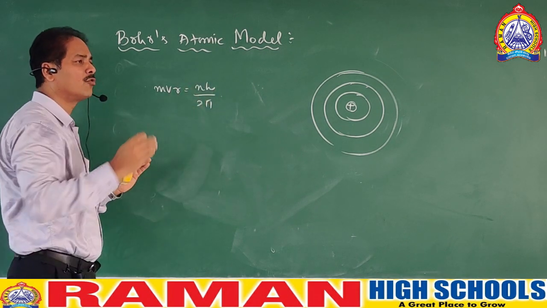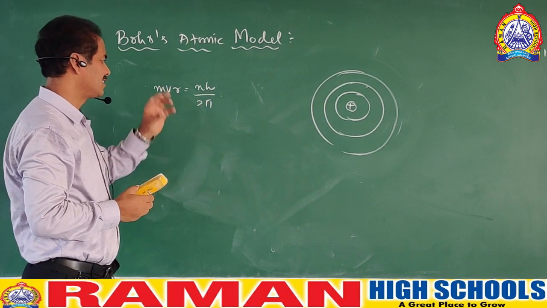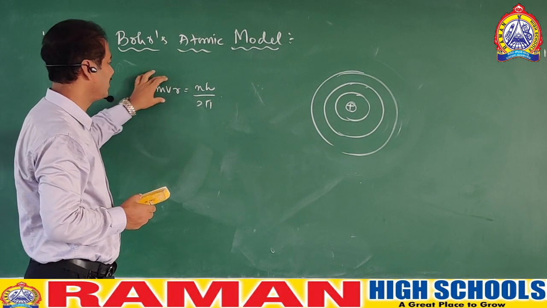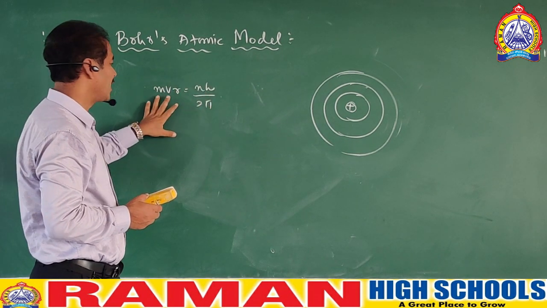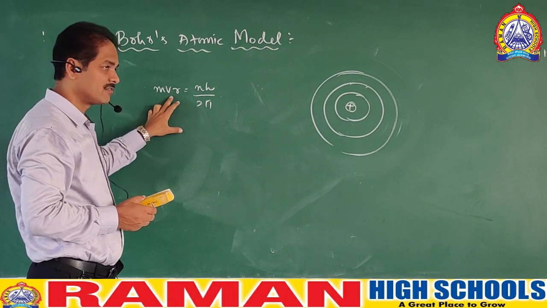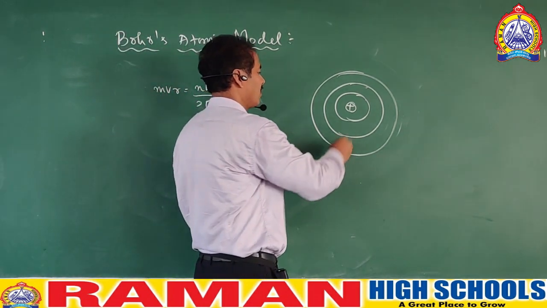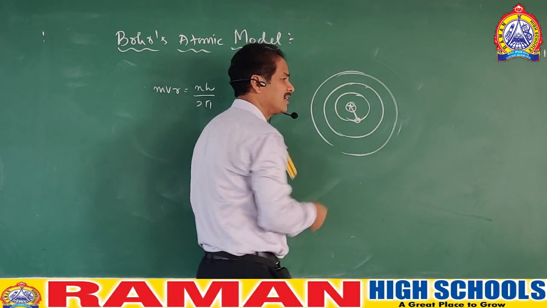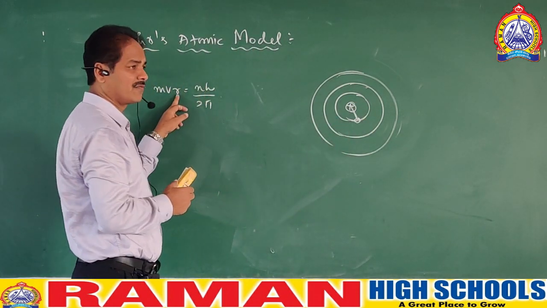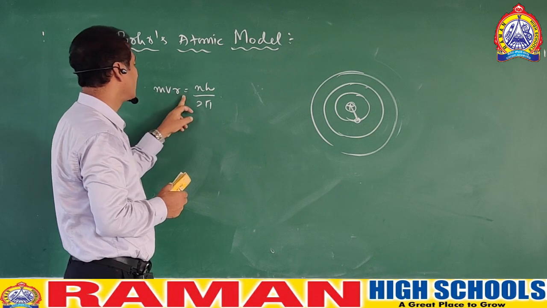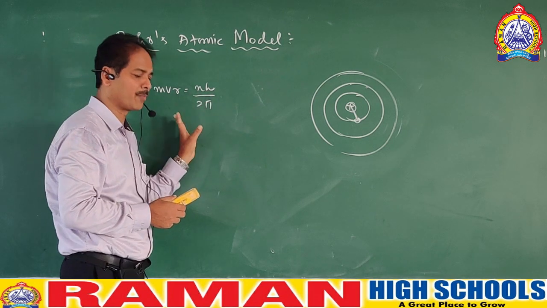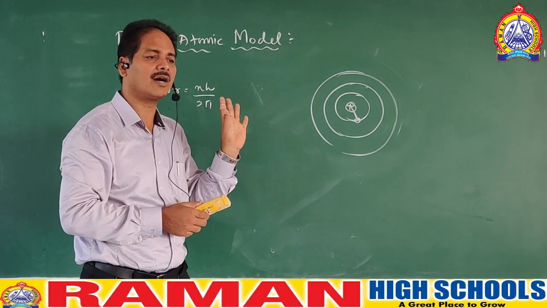The angular momentum of the electron is given a fixed value, that is mvr is equal to nh by 2 pi, where m is the mass of the electron, v is the velocity of the electron, r is the radius of the orbit in which the electron is revolving. Suppose the electron is in the first orbit, that radius will be substituted here. This is the angular momentum of the electron.